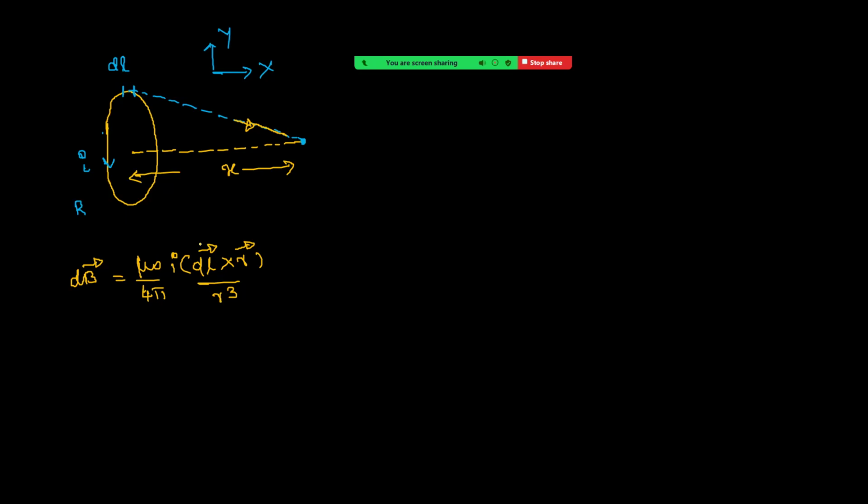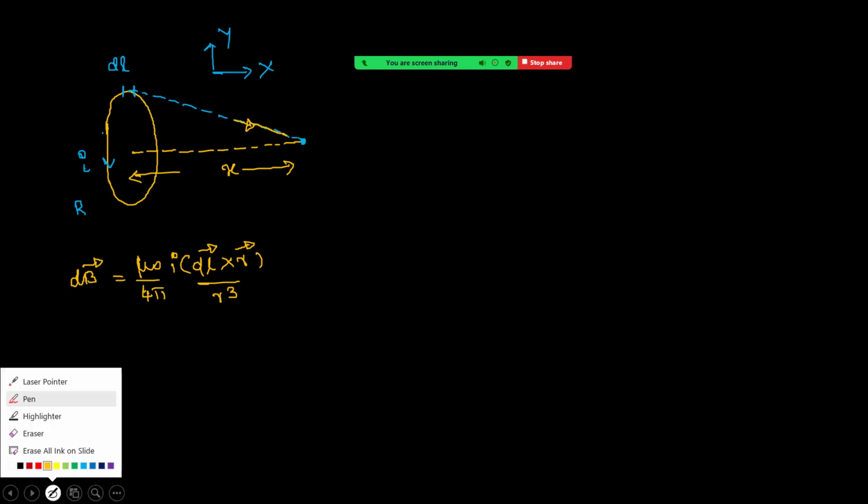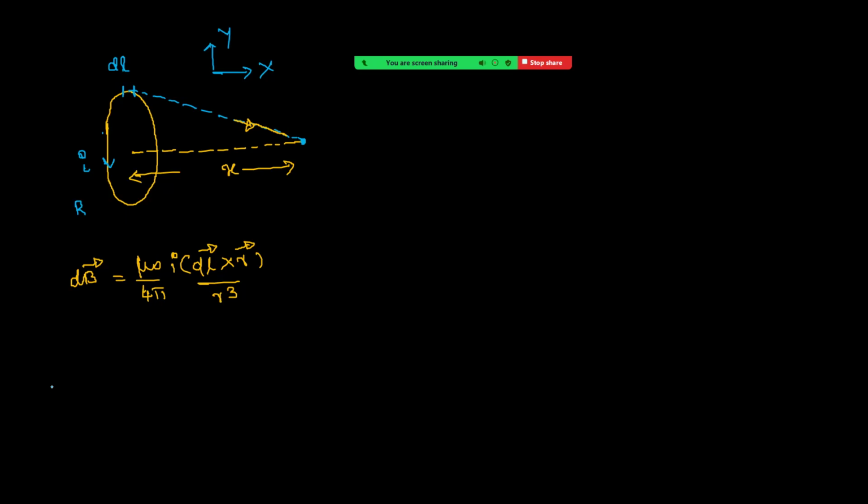Now you should be very careful. We have learned that when we are taking a cross product, the result will be normal to the plane containing both the vectors, right? So consider a plane which contains this dl bar and r bar. Now take your right hand, keep the thumb along the current flow.